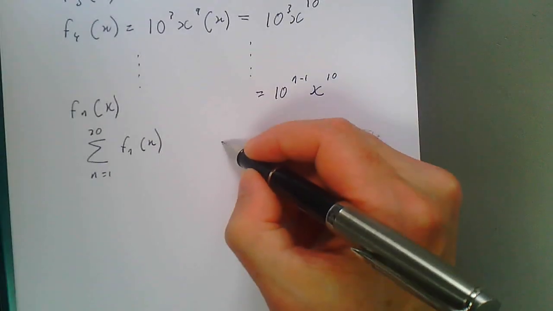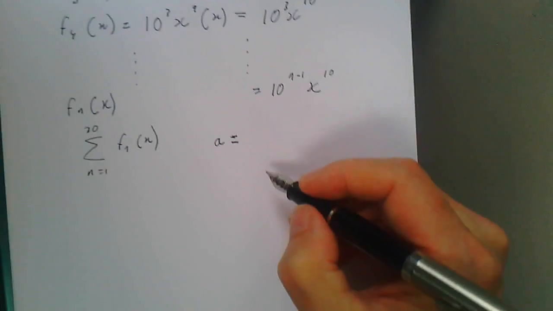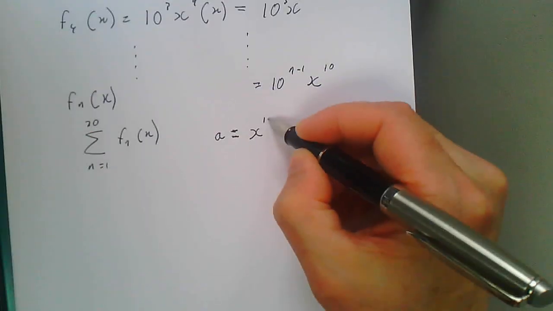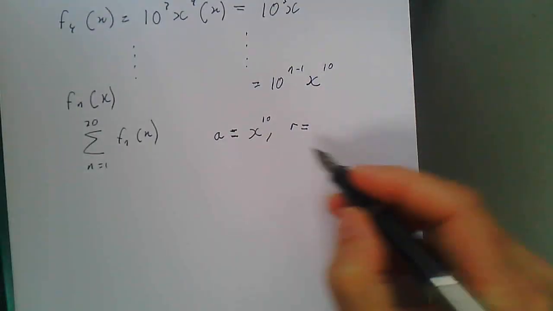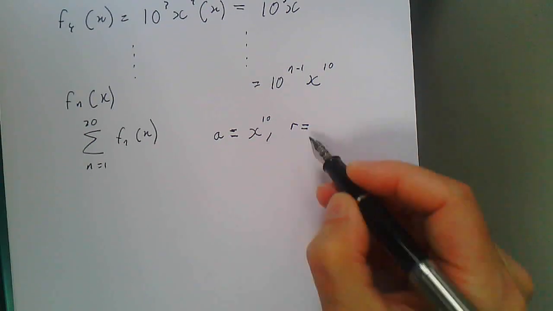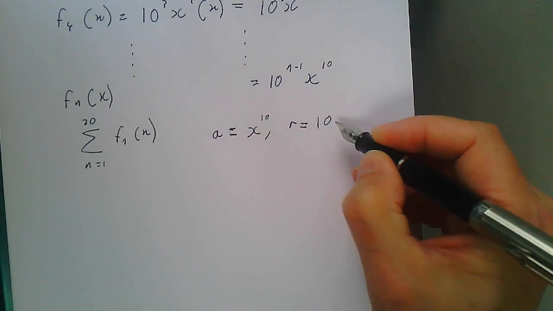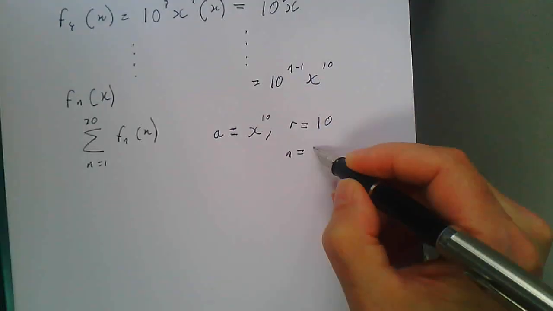So I'm saying this is a geometric series. The first term A is x to the 10. The common ratio is just 10, it's multiplied by 10 each time. And n, the number of terms, is 20.